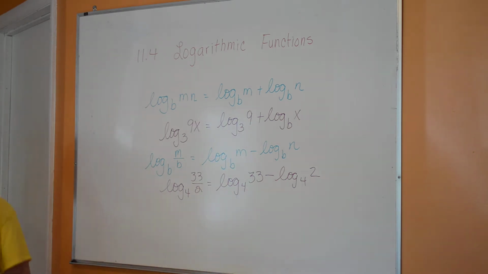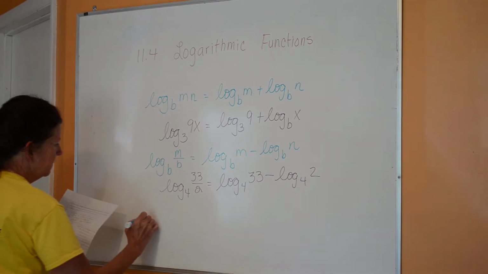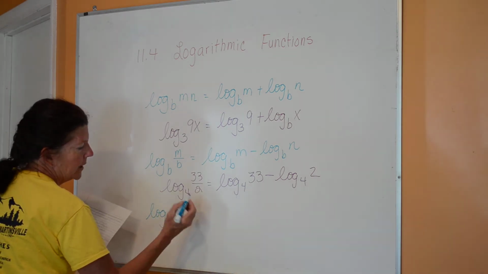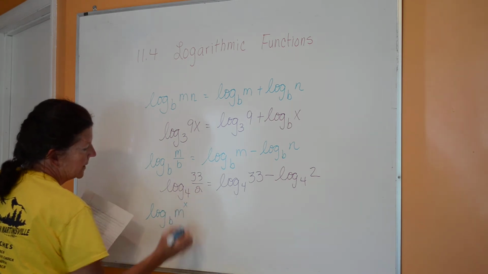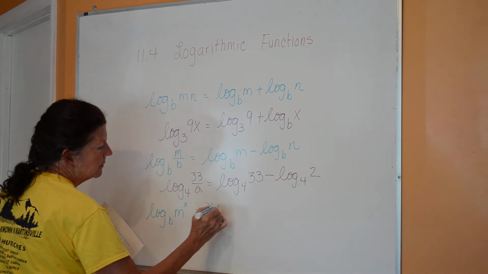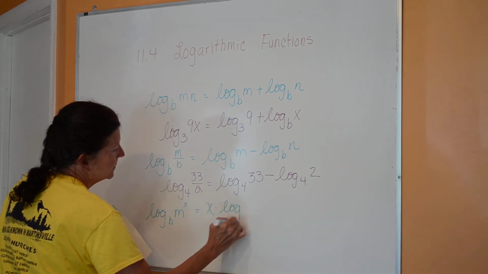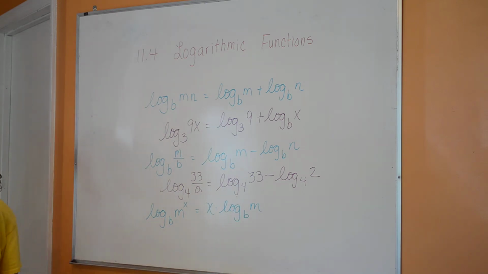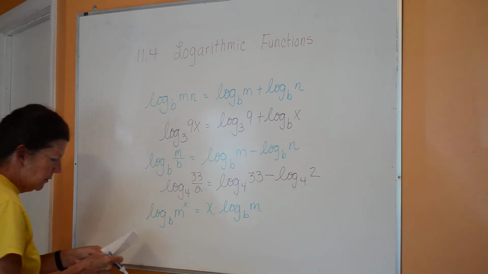Another property, let's say I have an exponent. Log of base b of m raised to the x power. Okay, the x comes to the front, so it's x times the log of base b of m. Again, I'm hoping this is just review for you, but I don't know.